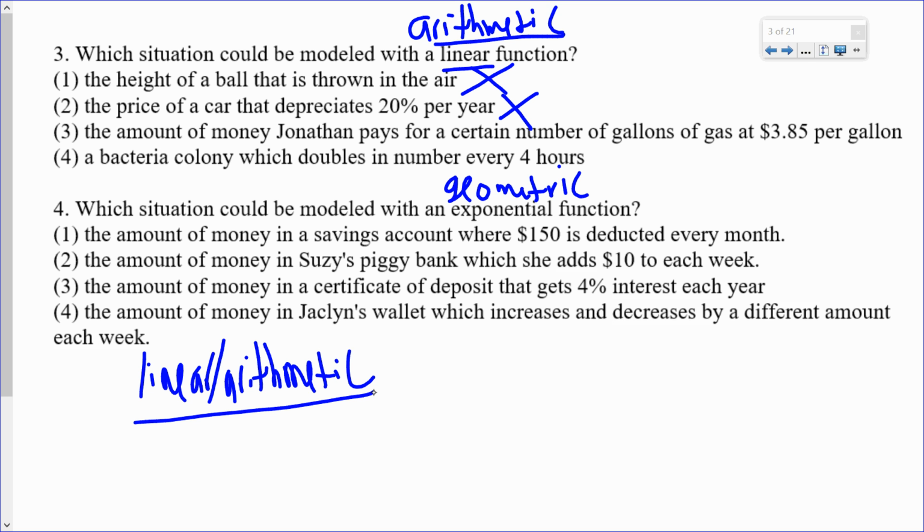You are adding or subtracting a constant amount. Not a percent, but a constant amount.